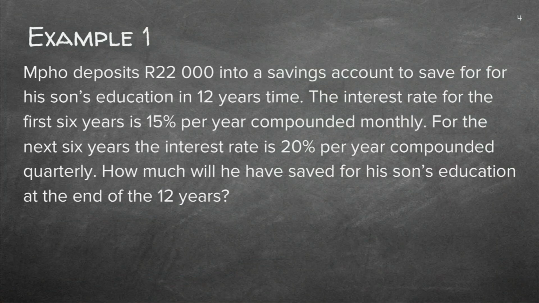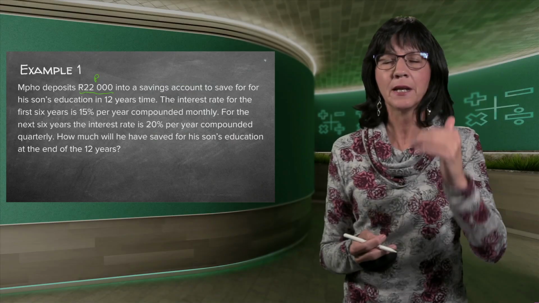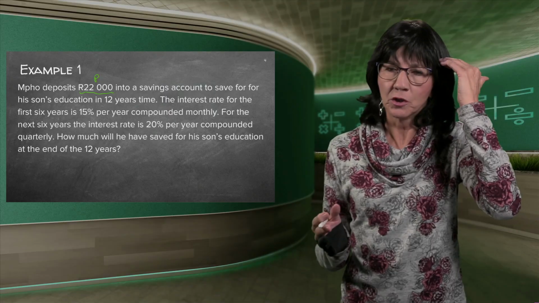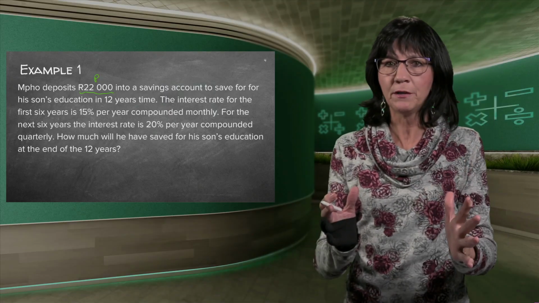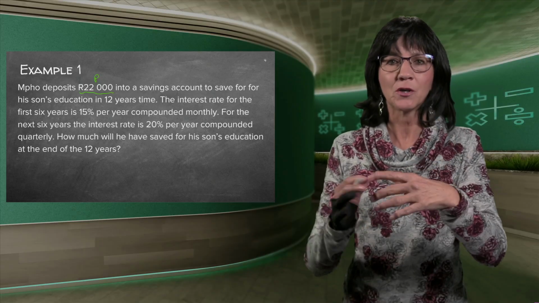Good, so let's see. Mpho deposits 22,000 Rand. So he starts off with that into a savings account. So I know it's an investment, so it's the plus formula. While I read it, in my mind, because later on we're going to do another two formulae in grade 12, I must immediately know what formula should be in my mind. It's the normal A = P formula, but it's the plus one because it's an investment.